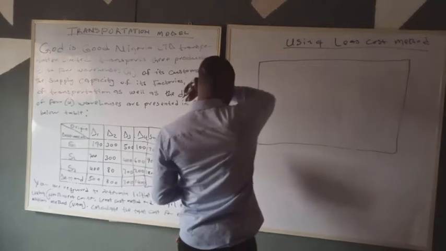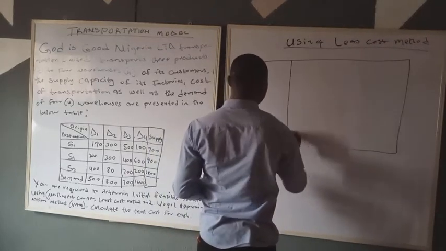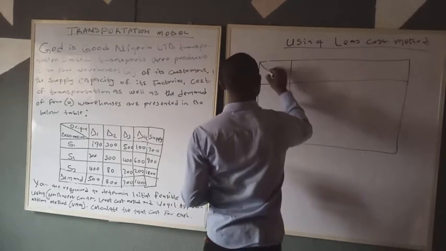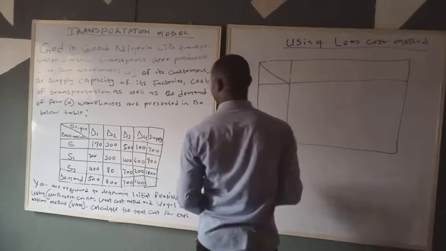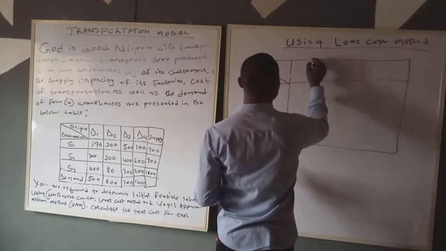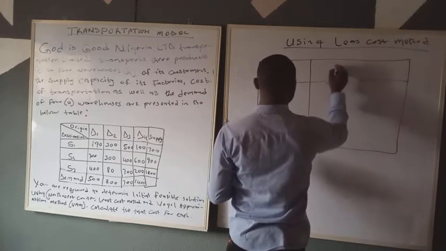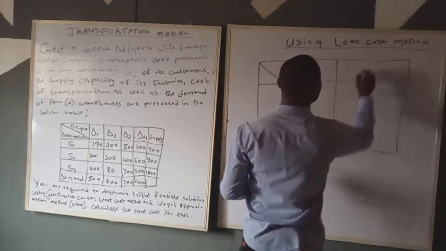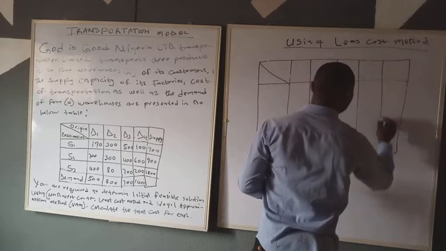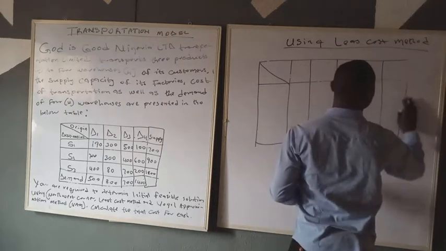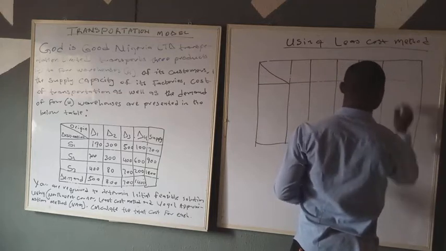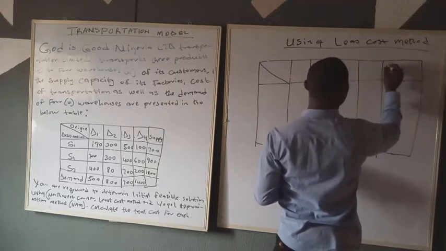It's going to be like the one in the question, but not actually the same, because we have demand 1, demand 2, demand 3, demand 4, then we can have total supply.